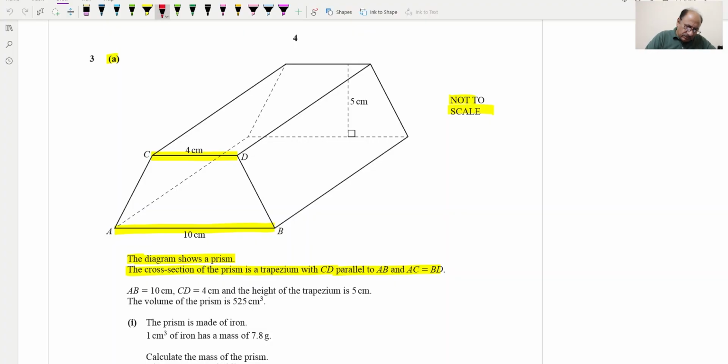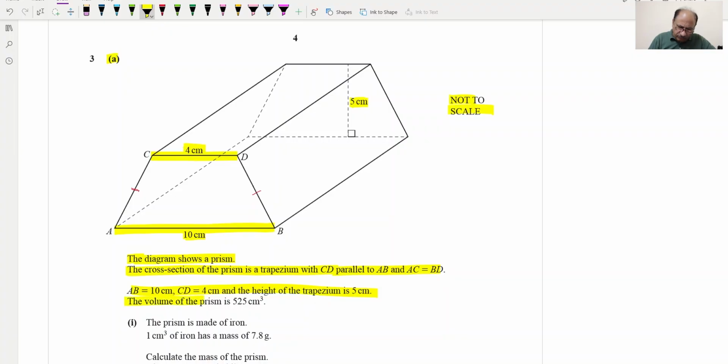We can write this side is equal to this side. AB is equal to 10, and CD is equal to 4, and the height of the trapezium is 5 centimeters.